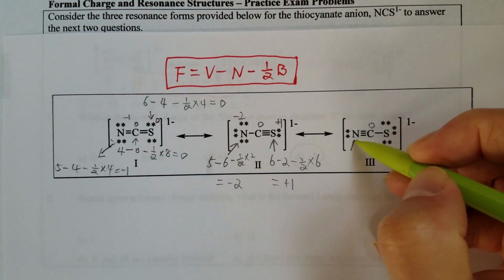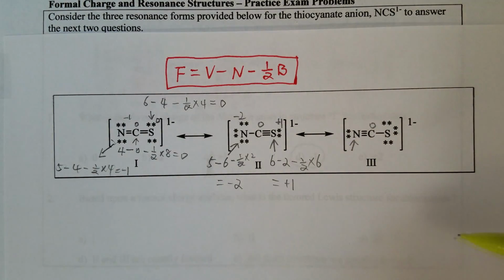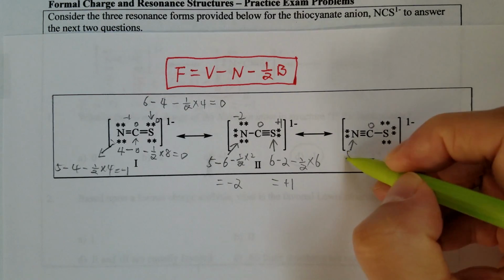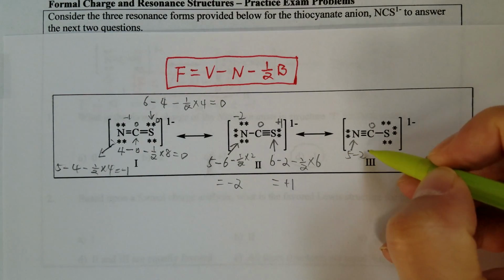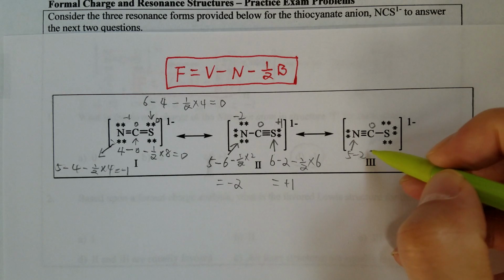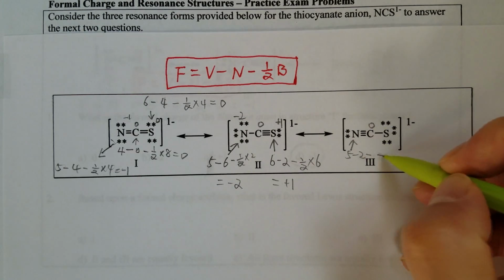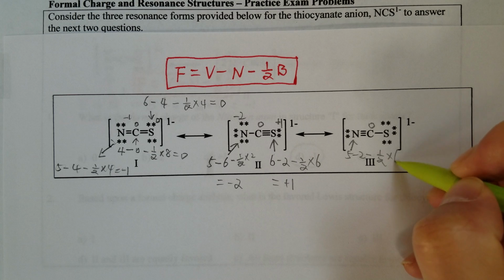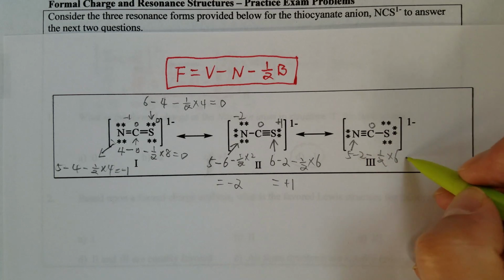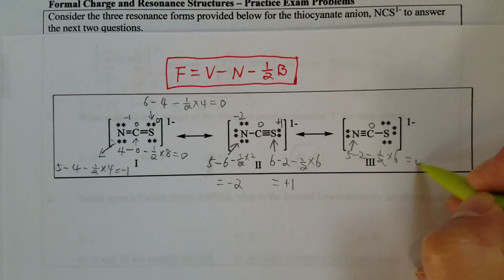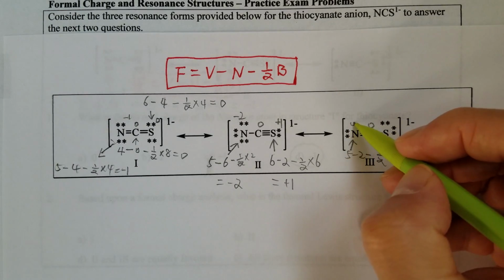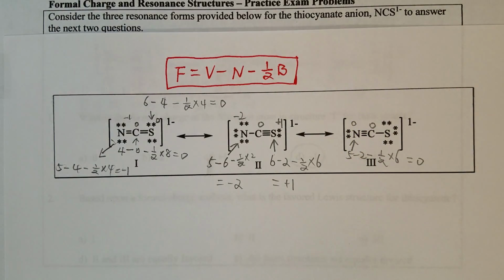Now for this nitrogen, that should be 5 minus 2 non-bonding electrons, 6 bonding electrons. That should give us 0. So therefore that one is 0.